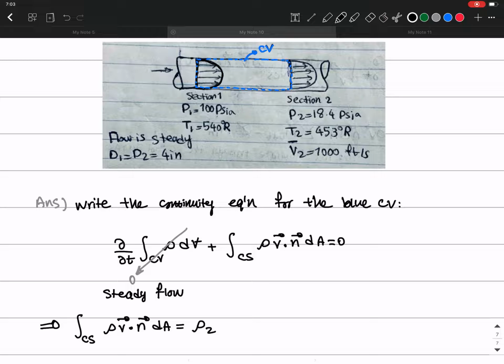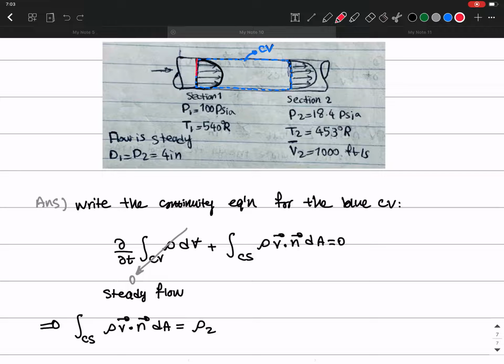From these two surfaces, no flow goes out or in, right? This is a pipe flow. So there is no flow that goes out or into this surface, right? The same thing for this surface. Nothing goes in and out of that.